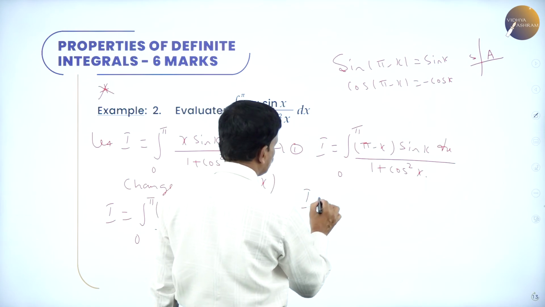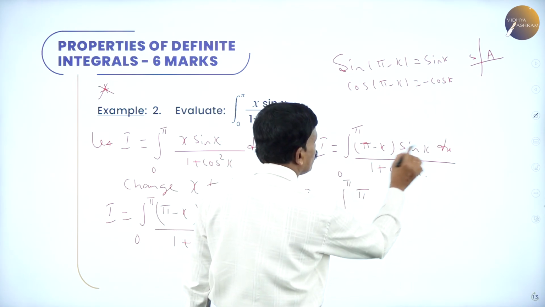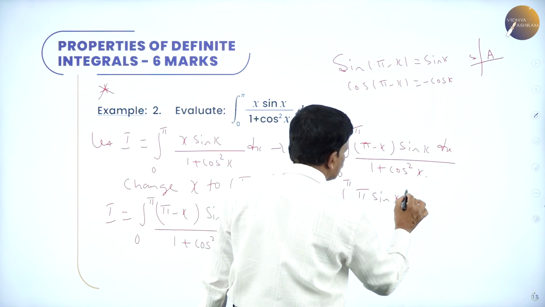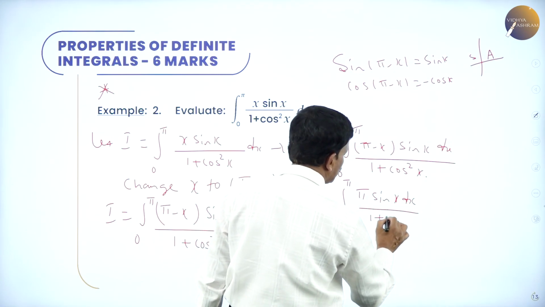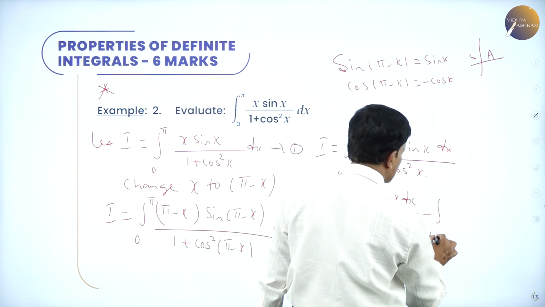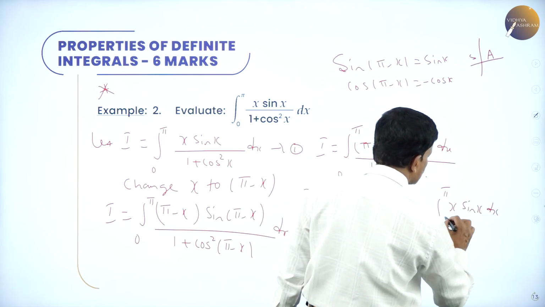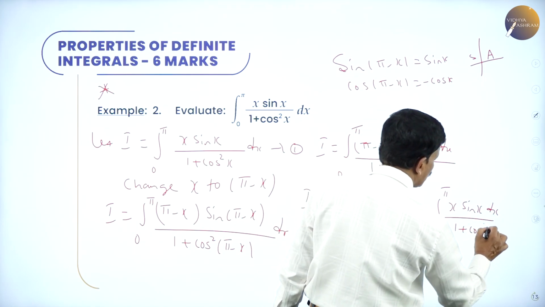Now this can also be written by splitting, multiplying this: integral 0 to pi, pi into sine x dx divided by 1 plus cos square x, minus integral 0 to pi x sine x dx divided by 1 plus cos square x.